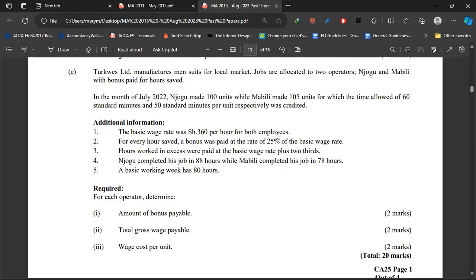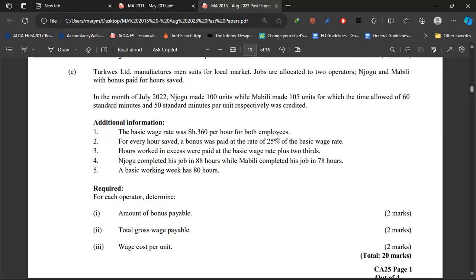Tax Limited manufactures men's suits for the local market. Jobs are allocated to two operators, Njogu and Mabili, with bonus paid for hours saved. In the month of July 2022, Njogu made 100 units, while Mabili made 105 units, for which the time allowed of 60 standard minutes and 50 standard minutes per unit, respectively, was credited. Additional information: the basic wage rate was $360 per hour for both employees.